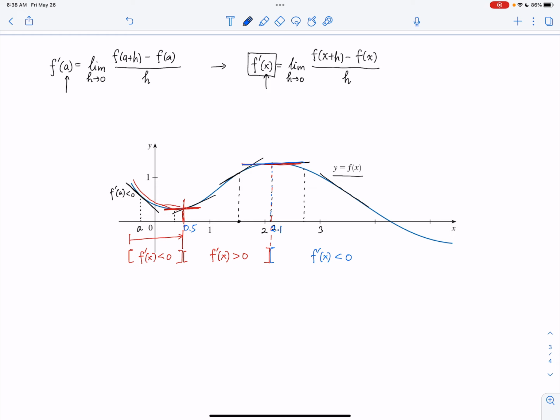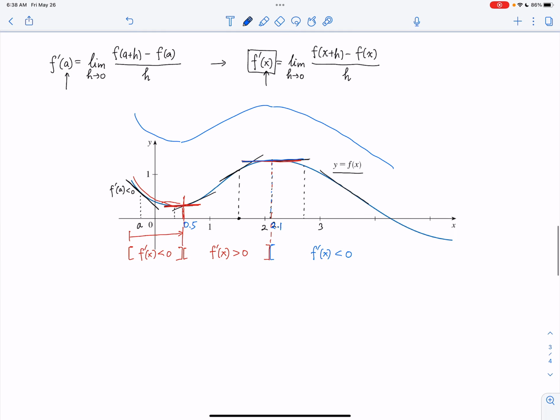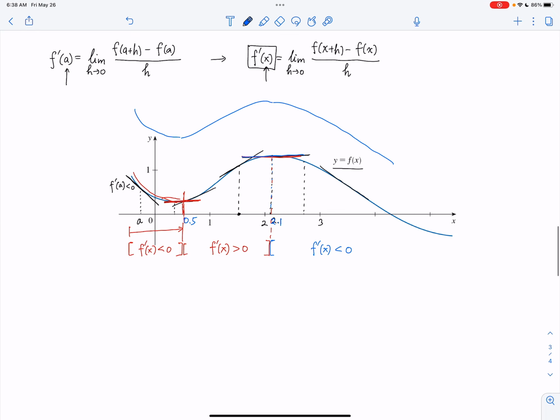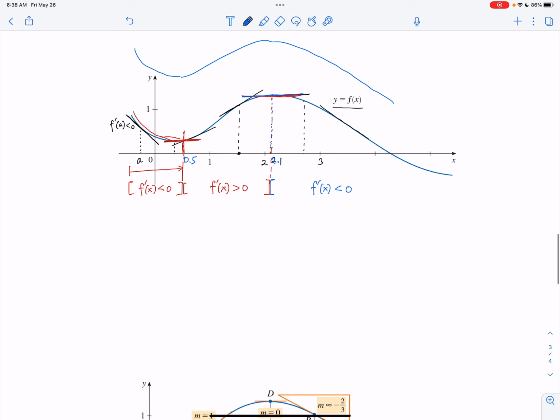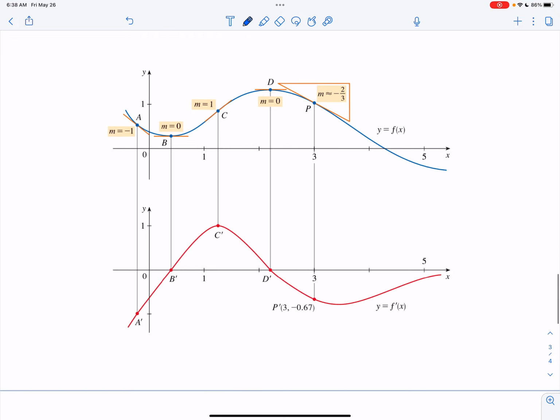Then after 2.1, the derivative becomes negative again. So it goes down, down, and up, and back down, right? So you should have some idea about the values of the derivative at any point. Just look at the slope of the tangent line. Now, if you do this very carefully for all points, you will have something like that.